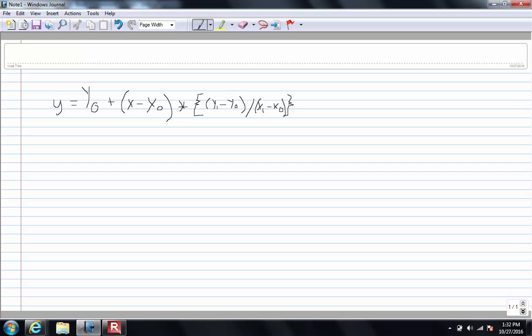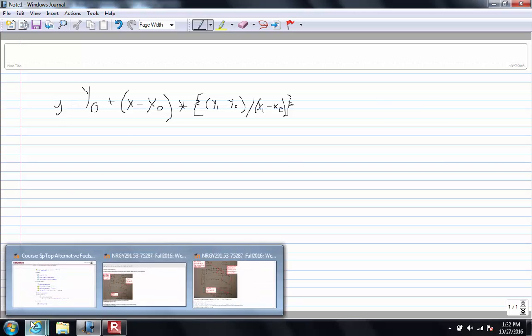Then the y0, let me go back to the drawing. Our y0 we determined on our 25% line was 14. So we know that the answer is larger than 14. Everything in that formula in the brackets is to tell us where exactly, numerically, that falls above 14%.